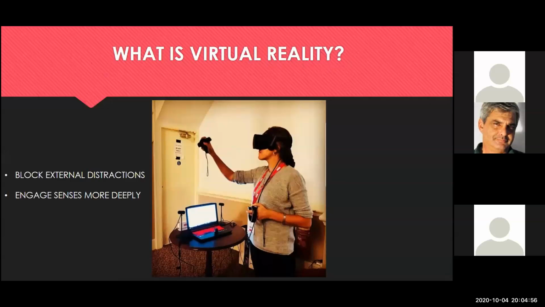That's how we can block external distractions and engage senses more deeply. So one of the strong points of this immersive quality that VR has is that you immerse the viewer completely in a new surrounding, and he can gather information and interact in this new environment.